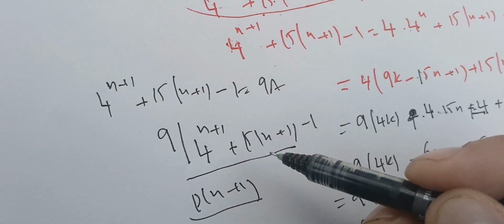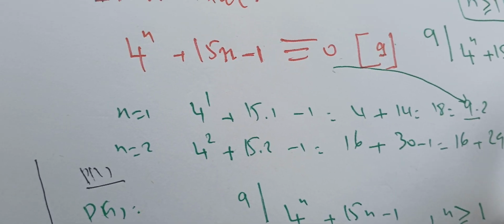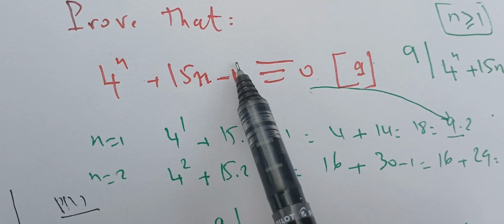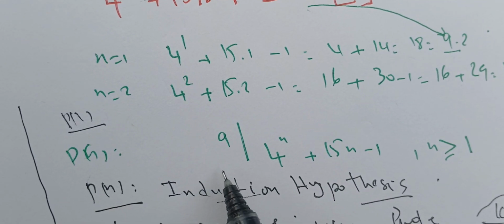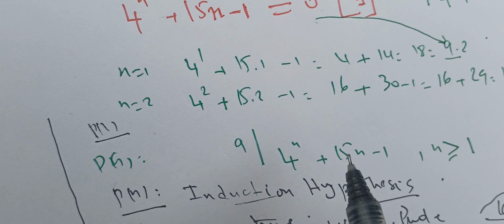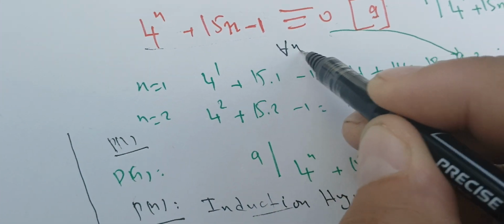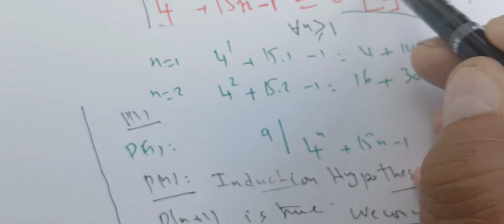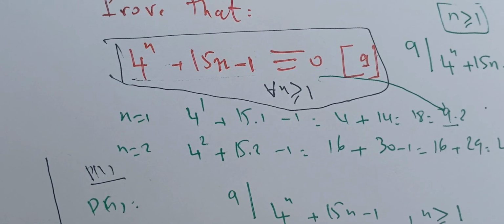So therefore, I can conclude now. Using the principle of mathematical induction, I have proved that this statement is true when n is 1. It's true if I assume that P(n) is true and I proved P(n+1) is true. Therefore, I can conclude that this statement is true for all n bigger than or equal to 1. And that's what I needed to prove.